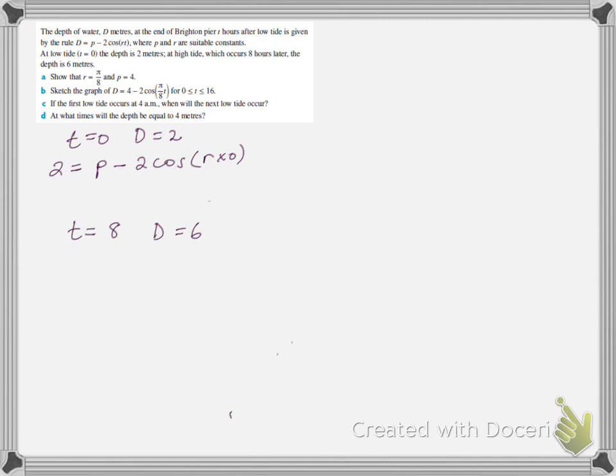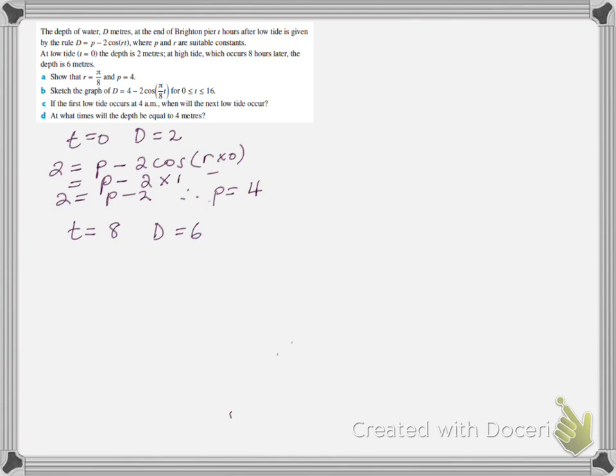Now, straight away, without even rearranging it, I know that cos of 0 is always going to be 1. So I can substitute in 1 here and say P minus 2 times 1. So now I get 2 equals P minus 2. And if I rearrange that, therefore P will equal 4. Okay, so we've shown that P equals 4.